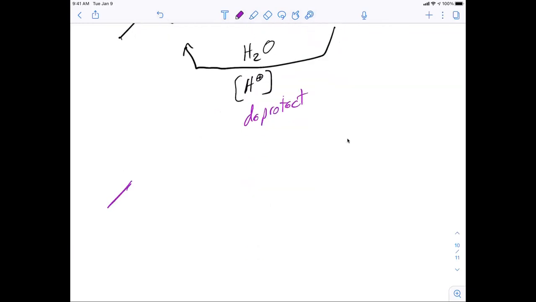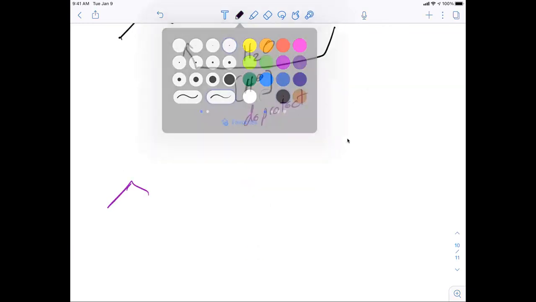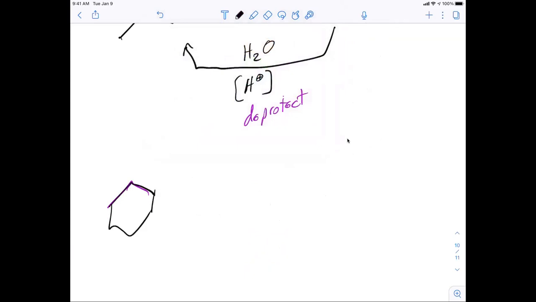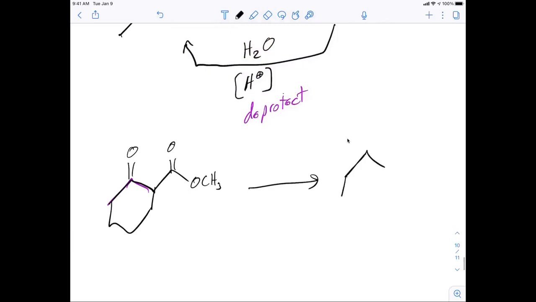So an example of how we would use this, let me switch colors. If I wanted to go from this ester and ketone to this, to the alcohol and the ketone.